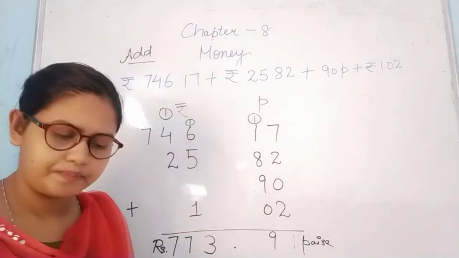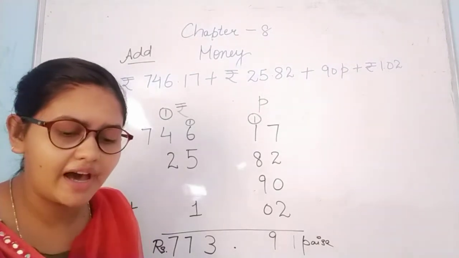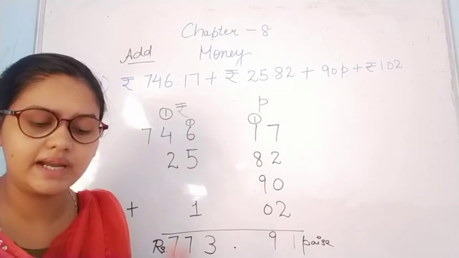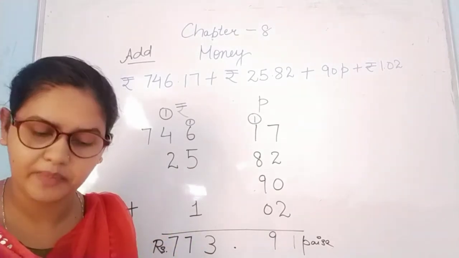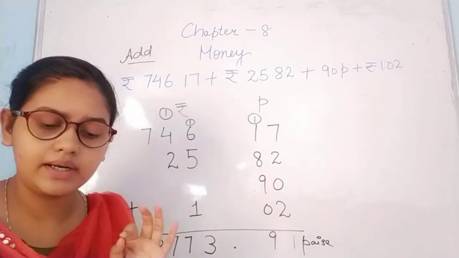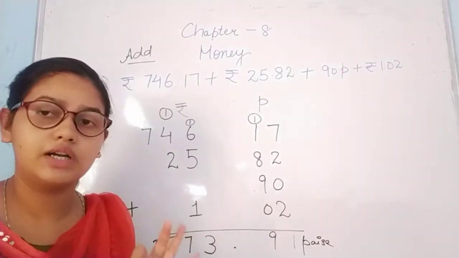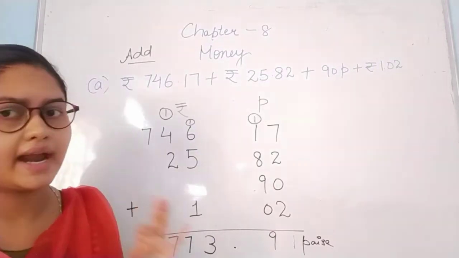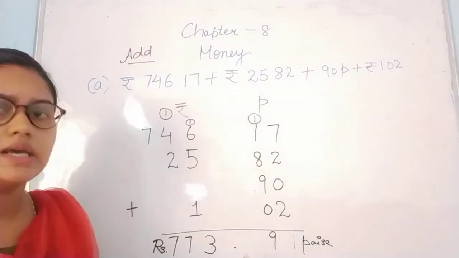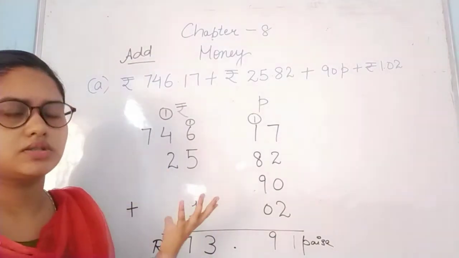Okay students, let's do the other one. The other one is how we have to add rupees 87, plus 92 paise, plus rupee 222.22 paise. And the third equation is 5 paise. How will we add this in the same way, just like this equation?